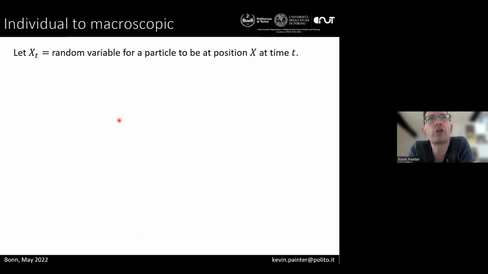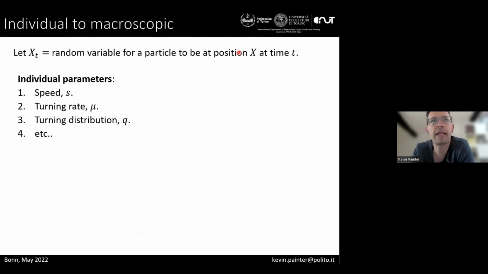Let's set some basic terminology. I'm going to denote X(t) as my random variable for a particle being at some position x at time t. For this particle, we have a number of individual-level parameters. We may know its speed, its turning rate, its turning distribution, and so on.